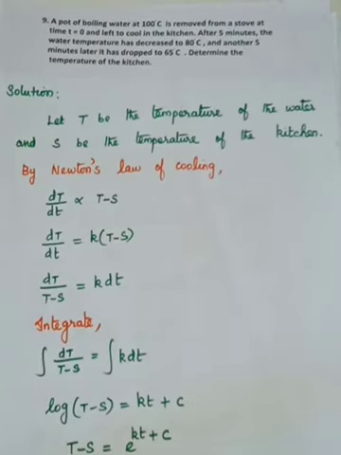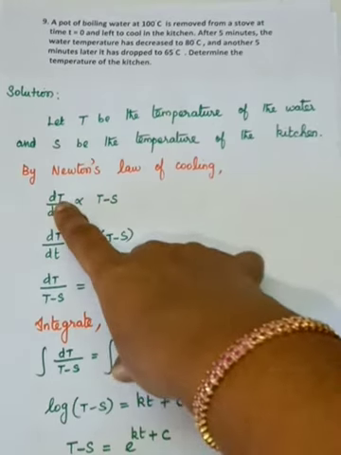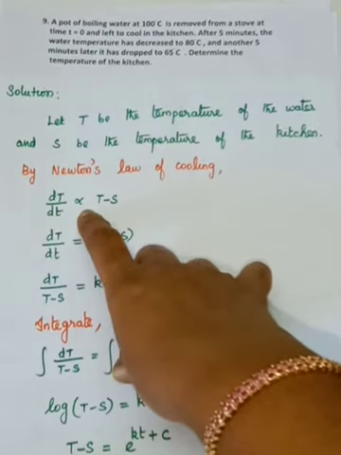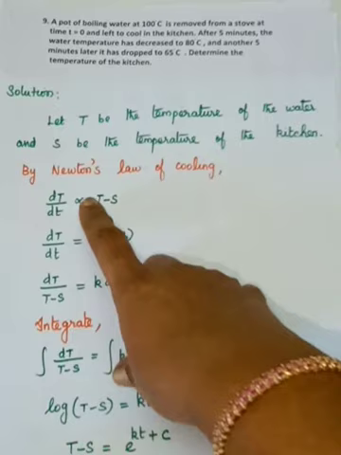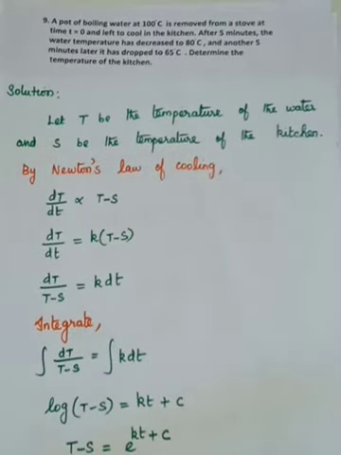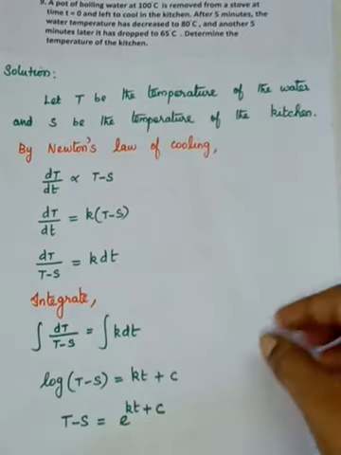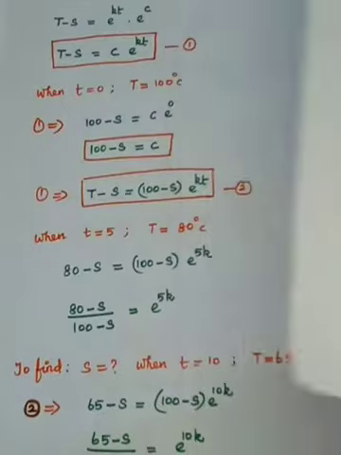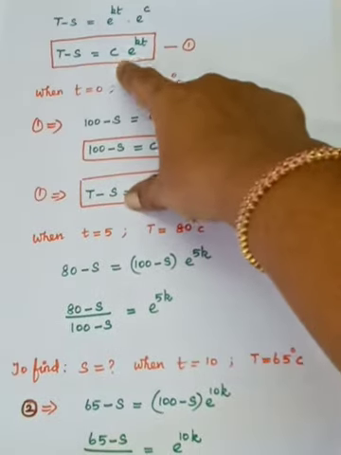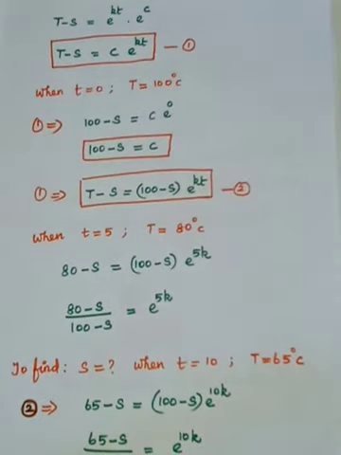So by Newton's law of cooling, as I have said, dT by dt is proportional to T minus S. The proportionality has to be removed and we have to separate the variables, and if you integrate you will get T minus S is equal to e power kt plus c. So T minus S is C e power kt. So we have solved the differential equation and brought the expression in terms of capital T and small t.